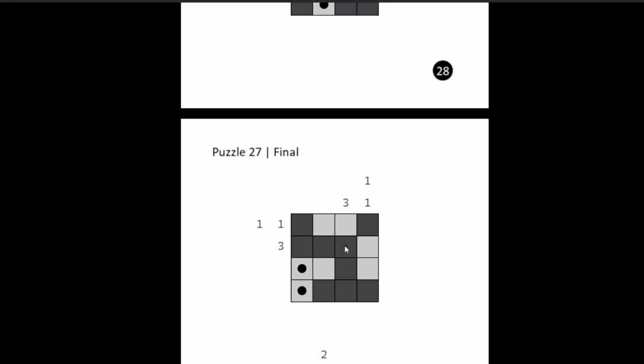Black and then the surrounding, this is white because that's white. This is white because that's white. This is black because that's black. And this is black because that's black. I think that's what it is. I think for the 3x3 area, you look around the black center and you have it connect up to any black squares.